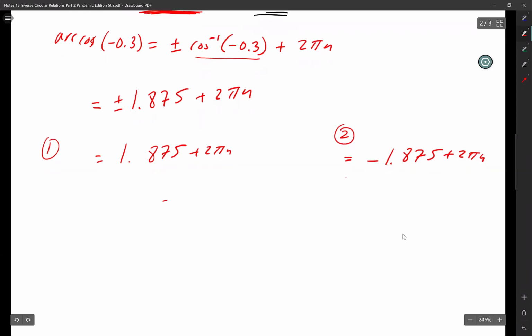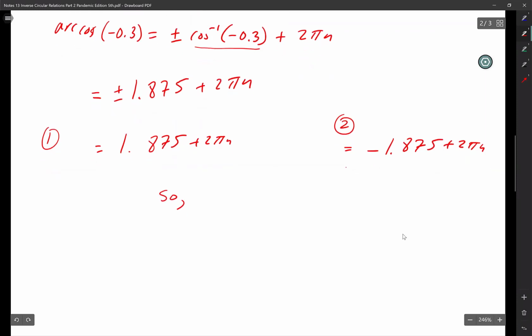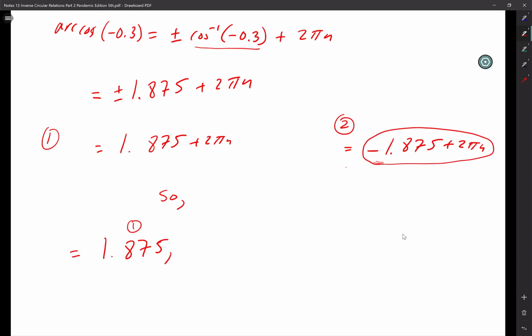So here we go. The very first one is 1.875, because that's the first positive value. The next one is coming from equation 1, so I'm going to add 2 pi to that. I have a calculator here on my side. I guess I'll show it to you for now, and then after that, we'll just do it on the side.